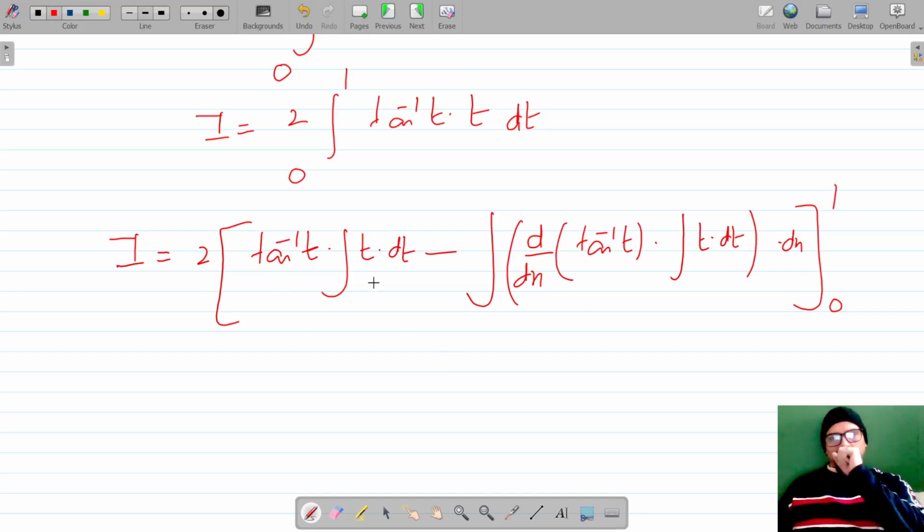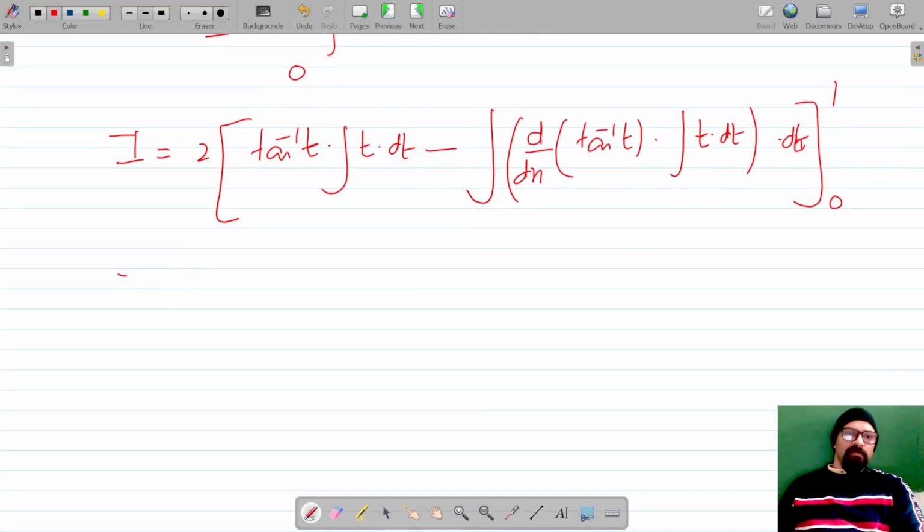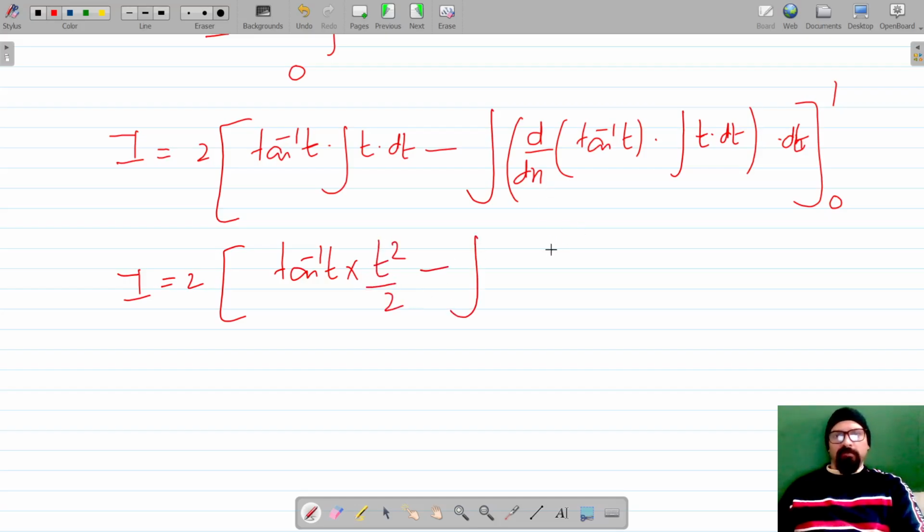Let's try to simplify this. 2 is out. This is now tan inverse t. Integration of t is t squared by 2, and differentiation of tan inverse t is 1 over 1 plus t squared, into integration of t which is t squared by 2, and this whole has to be integrated once again, dt with the limit 0 to 1.